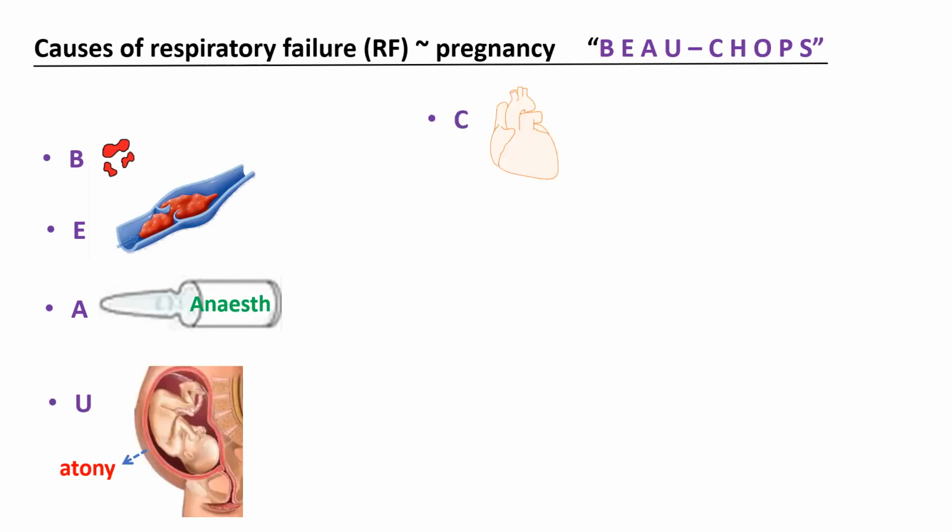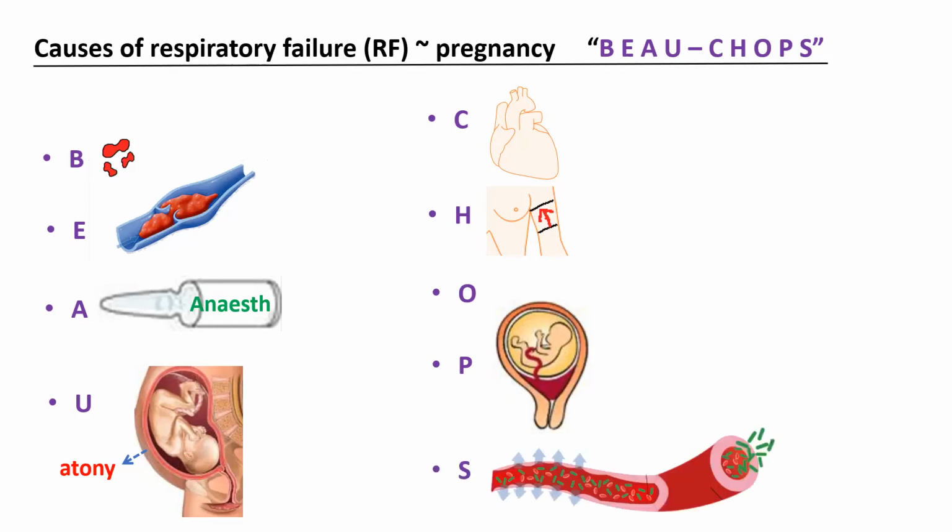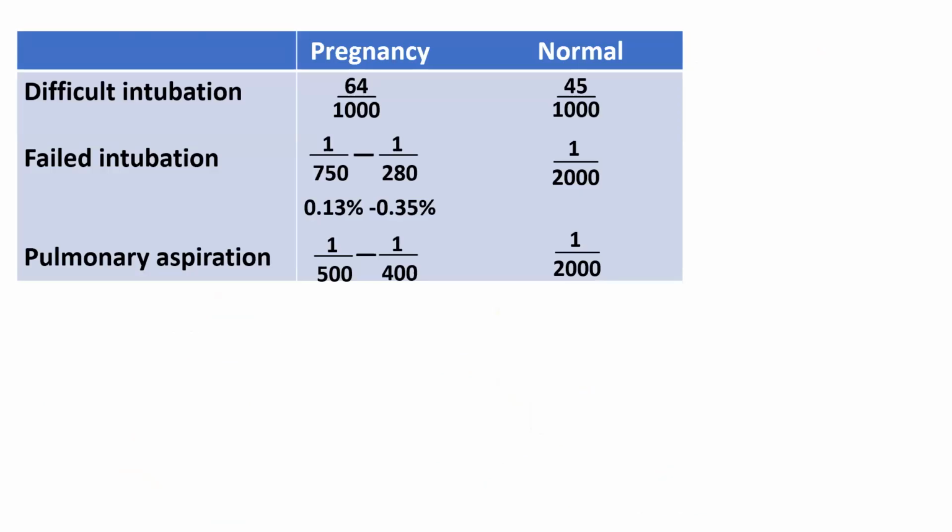Cardiac causes: it can be a pre-existing cardiac cause complicated in pregnancy, or it can be peripartum or pregnancy-related cardiomyopathy. And hypertension, preeclampsia, they can also have respiratory issues. O stands for others, and P is placenta previa or abruptio placentae. So this is BU CHOPS, which is a defined acronym to remember all the causes of obstetric emergencies which can lead to respiratory issues in pregnancy, and S stands for sepsis.